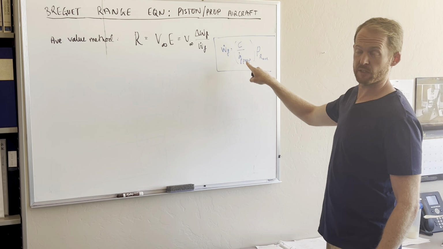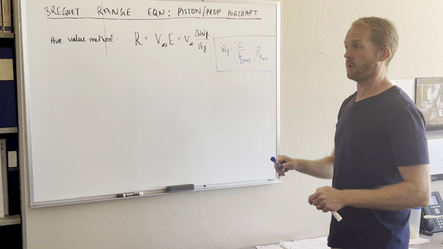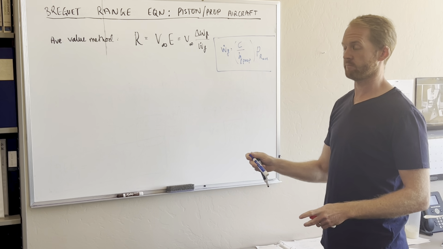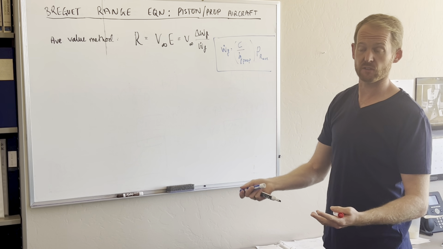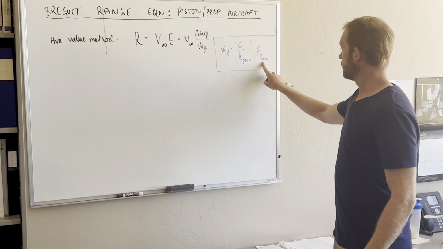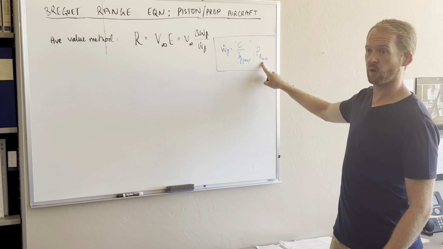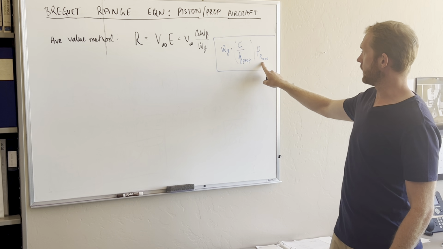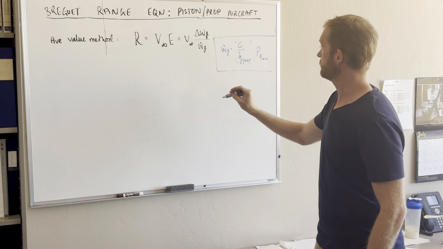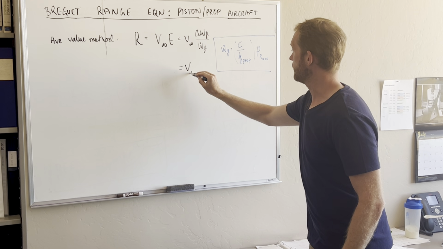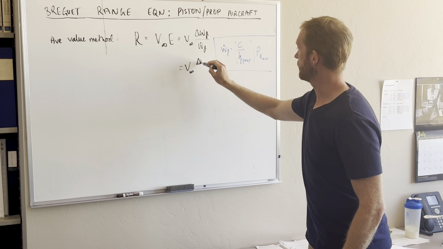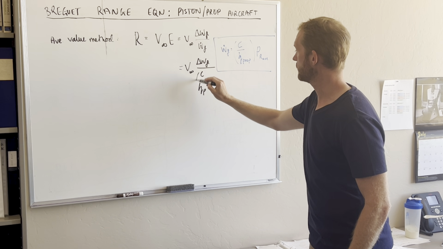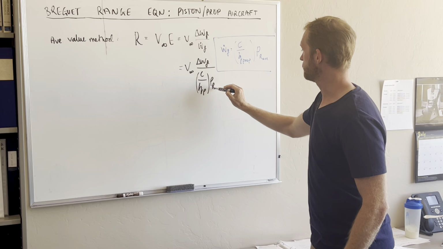This is a number between 0 and 1 describing how well our propeller converts power from the engine into thrust via the propeller, multiplied by the average power required to overcome the drag. So that can be replaced into here: V, airspeed, delta WF over C over eta prop, in the denominator average power required.